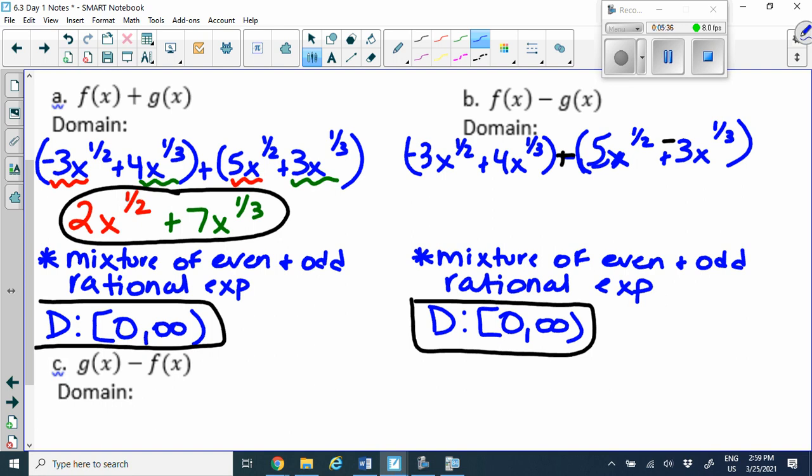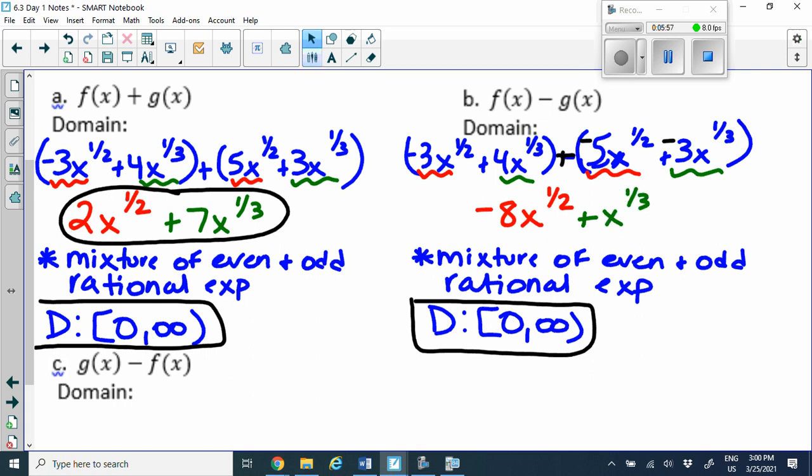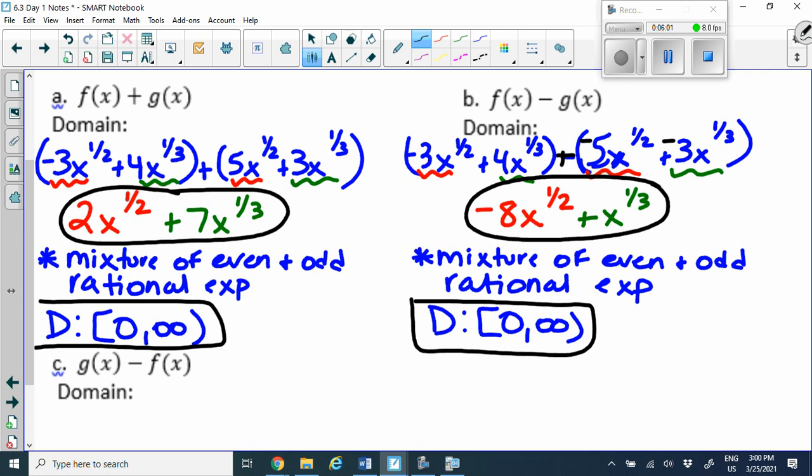So when I do that, I combine my negative 3x to the 1/2 and negative 5x to the 1/2, so now I get negative 8x to the 1/2. And then 4x to the 1/3 minus 3x to the 1/3, I get plus x to the 1/3. There's nothing else I can combine because I don't have any more like terms. This will be my final answer.